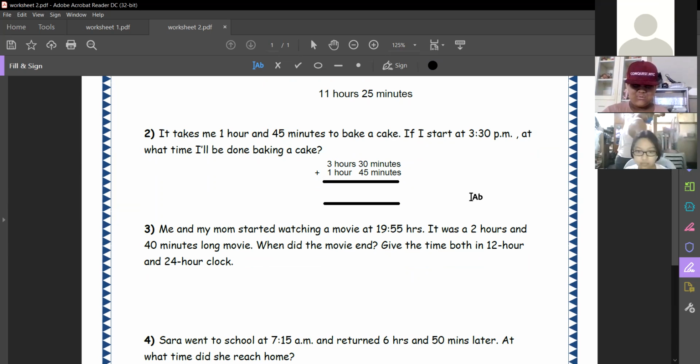When did the movie end? Guess the time in both 12 hour and 24 hour clock. That means you and your mom started watching a movie at 1955 hours, correct? The length of the movie is 2 hours 40 minutes. So what time did the movie end?